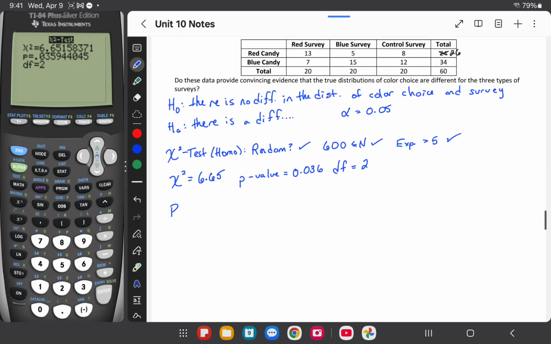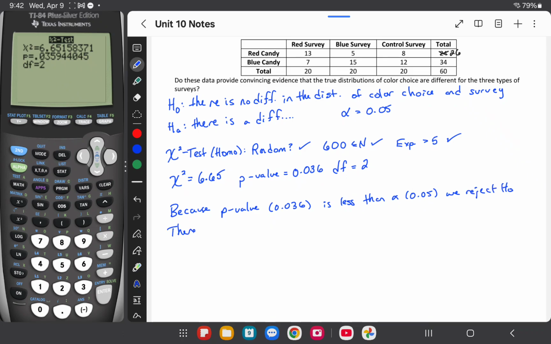So for our conclusion, we're going to say that because our p-value of 0.036 is less than our significance level of 0.05, we're going to reject our null hypothesis.